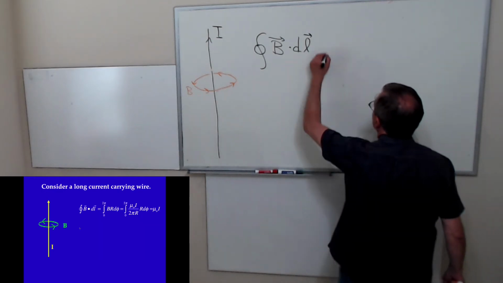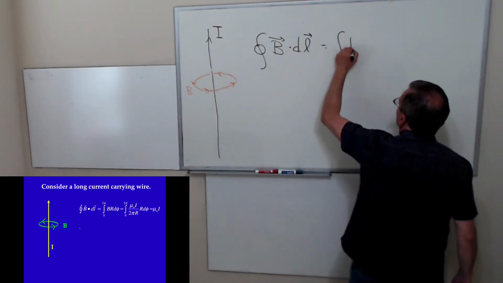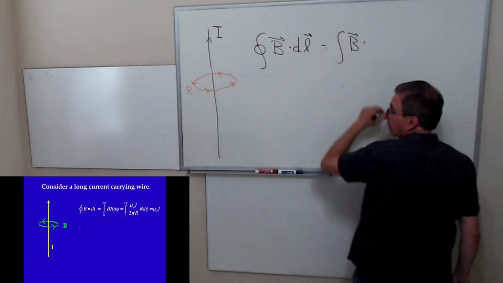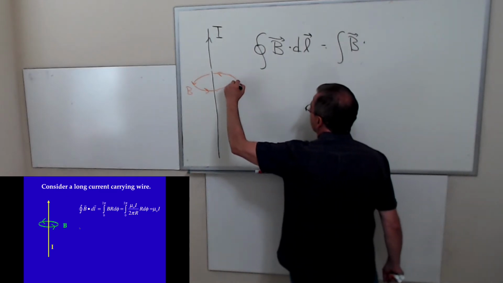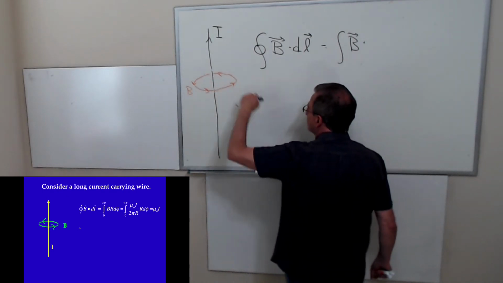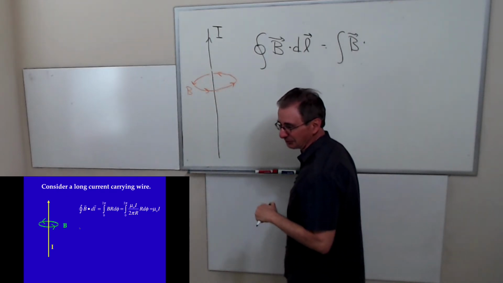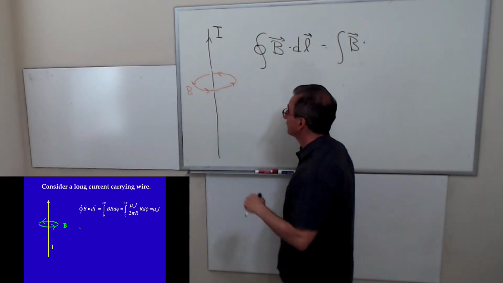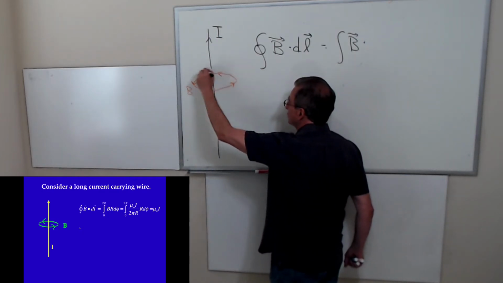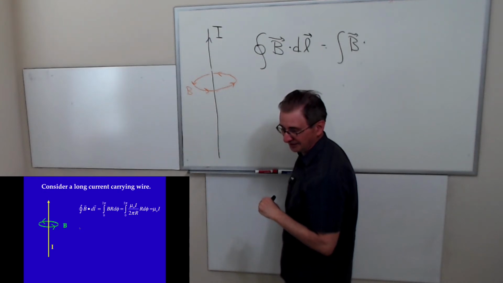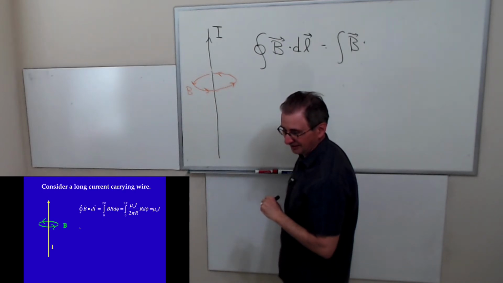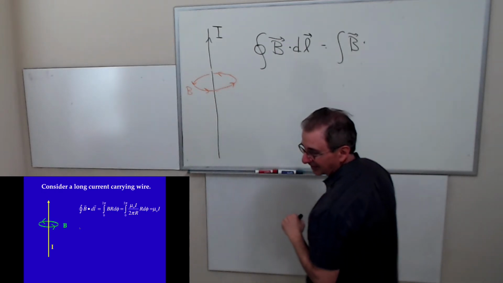Well, my dl is going to be in this angular direction. You guys took 205 from Aviva. So what is the direction around the loop? The unit vector, what did you call it? Not the r hat, but the other one, right?